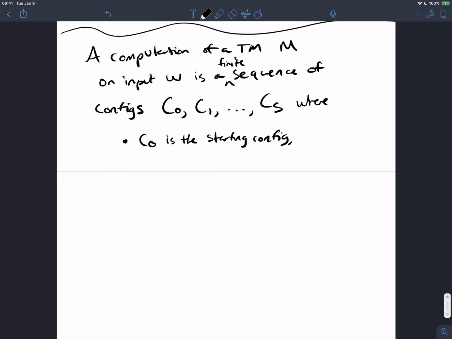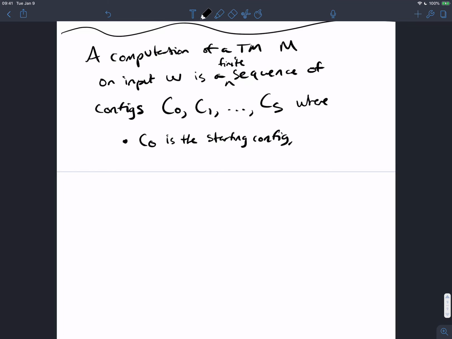And then we'll get to the rest in a second, but I'm going to ask a few questions about this. When I start the machine up, what state am I in? The Q0. Let's say I present this same input every single time, this string W. If I present this same string every time, what is the starting configuration? What character am I looking at? The first character of W, right?